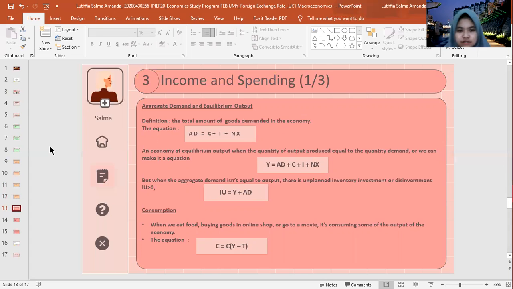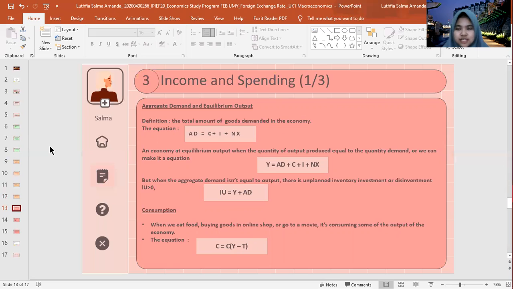For consumption, when we eat food, buy goods in an online shop, or go to a movie, we are consuming some of the output of the economy.